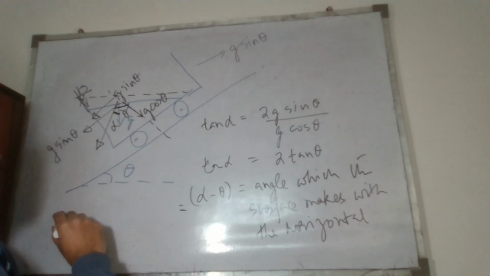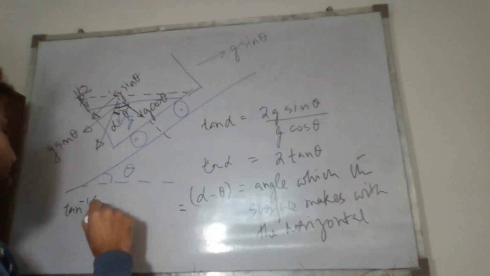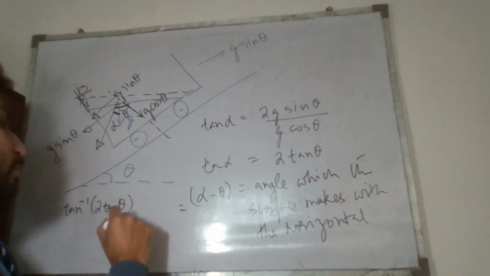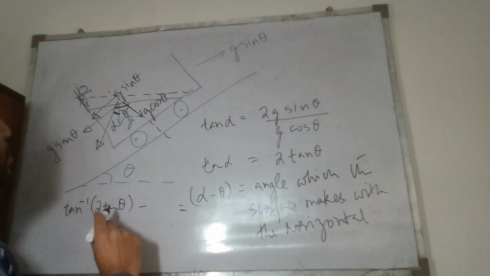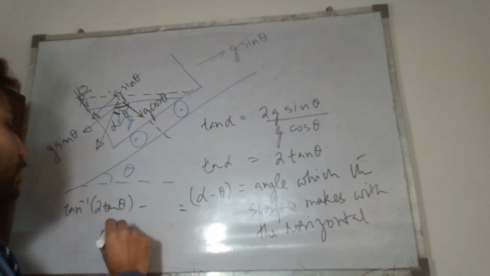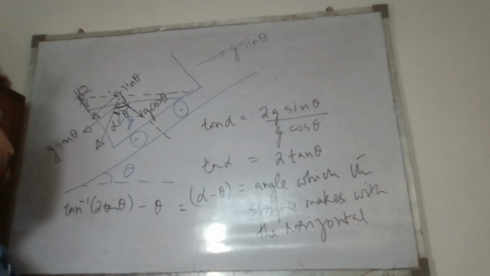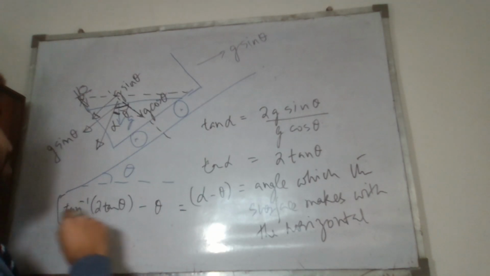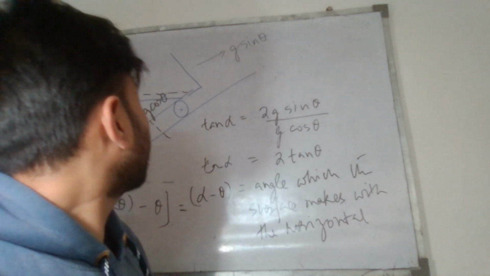So this is tan inverse of 2 tan theta, minus theta. So this is our desired result.